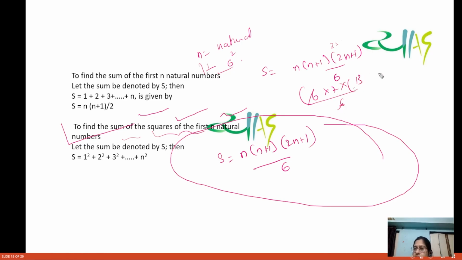So basically it comes to 7 into 13. This is on the easier side only. Just remember this formula. Just note down this formula in your handout so that it is there with you.